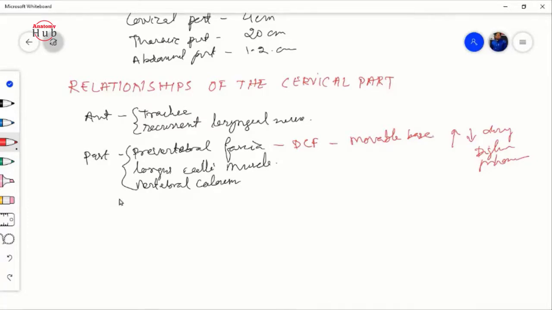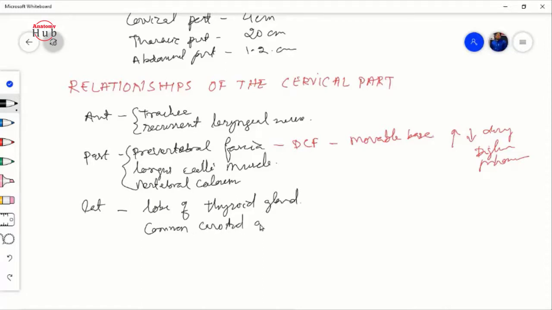Then on each side of the esophagus, you can say the lateral relation, what will we find? It is related to the lobe of the thyroid gland, and you'll find the common carotid artery, and on the left side you'll find the thoracic duct.